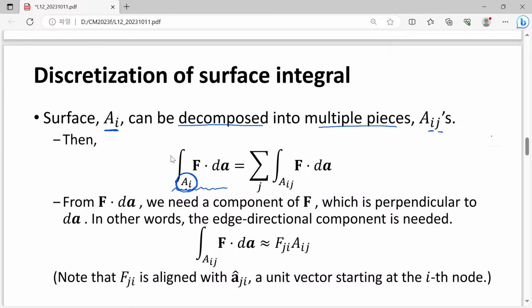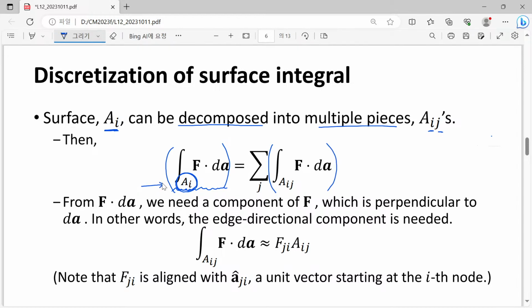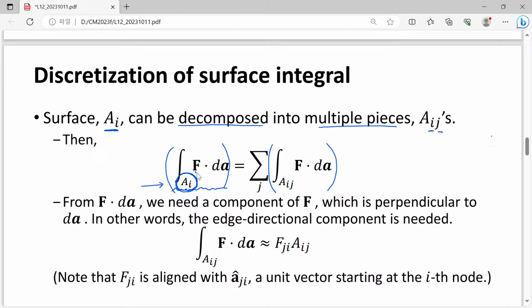What is the difference between this term and that term? The left hand side shows the integral of this quantity over the entire surface, and the right hand side says the integration over just a small subsurface.